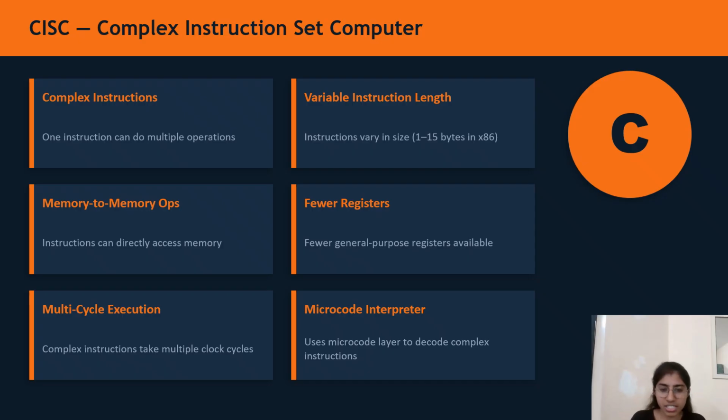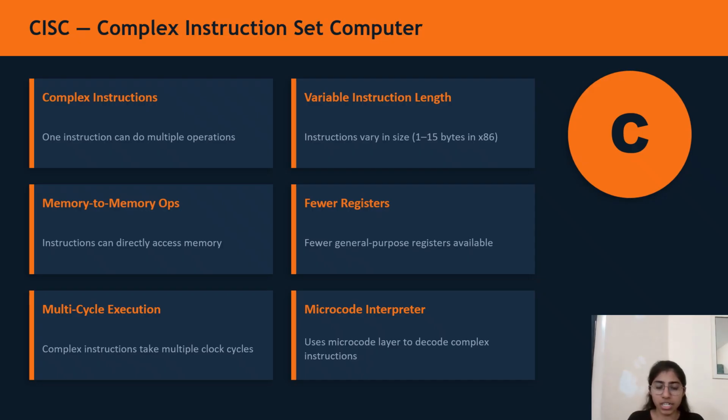Fourth, fewer registers. CISC processors typically have only 8 to 16 general purpose registers because instructions can work with memory directly. Fifth, multi-cycle instructions. Because instructions are complex, they take multiple cycles to complete a task.